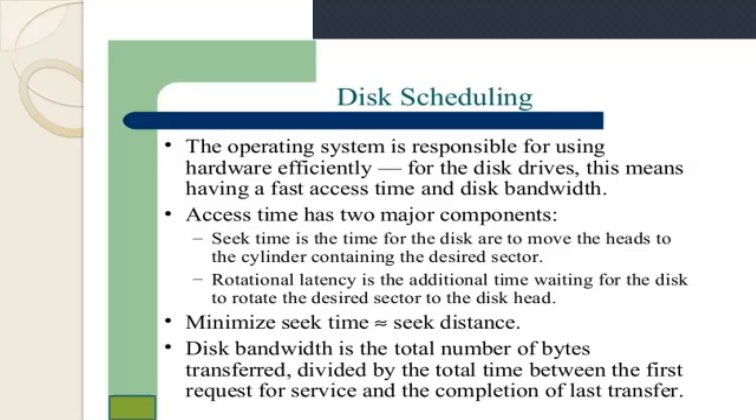So if we need to minimize seek time, we have to minimize seek distance first. Disk bandwidth is the total number of bytes transferred divided by the total time between the first request for service and the completion of the last transfer.